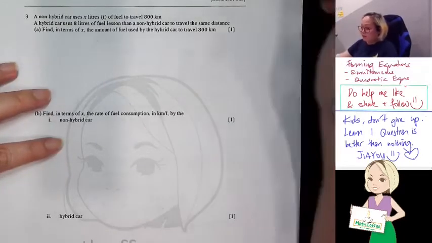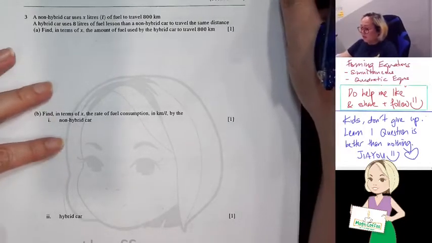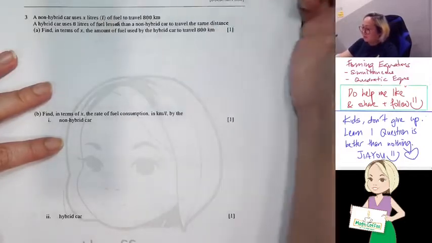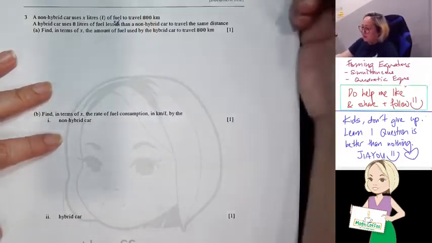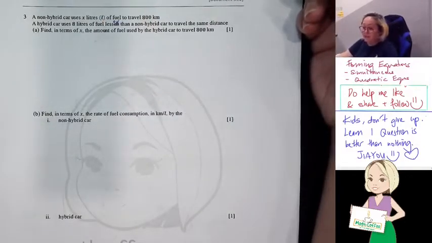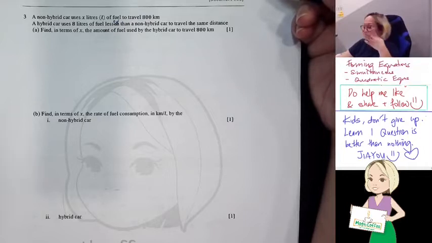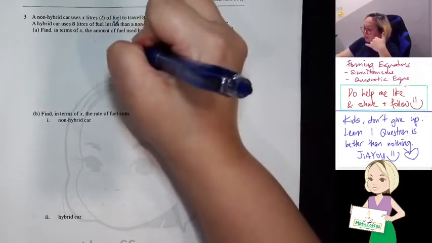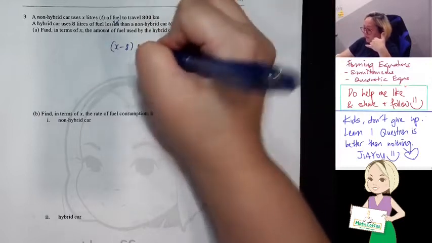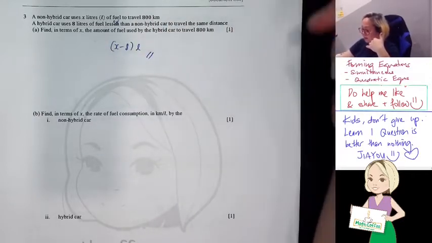A hybrid car uses 8 liters of fuel less than a non-hybrid car to travel the same distance. They say find, in terms of x, the amount of fuel used by the hybrid car to travel 800 km. This is very straightforward because the non-hybrid uses x liters, the hybrid uses 8 liters less. So it's simply x minus 8 liters. Done. It's only 1 mark.